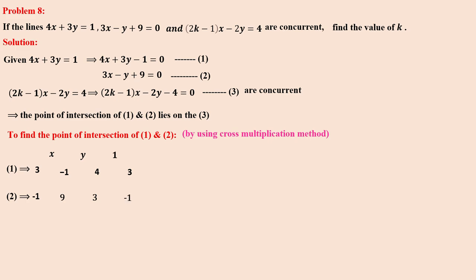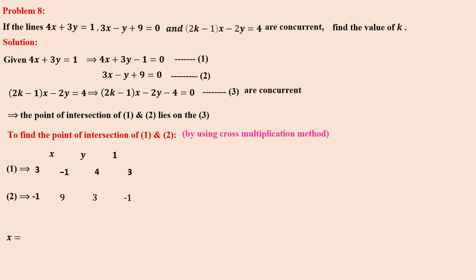Now we are going to do the cross multiplication. First, x is nothing but, consider the numbers under x. Under x you have 3, minus 1, minus 1, 9. You do the cross multiplication, that is the numerator. In the denominator you take the constant term. Under 1 you have 4, 3, 3, minus 1.